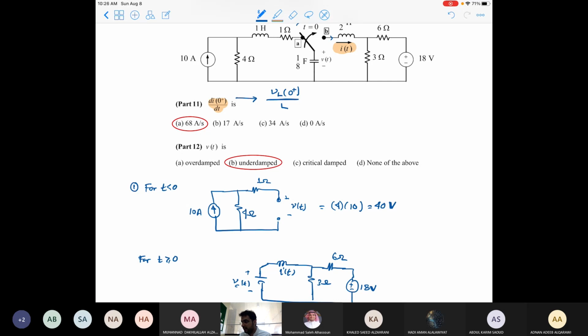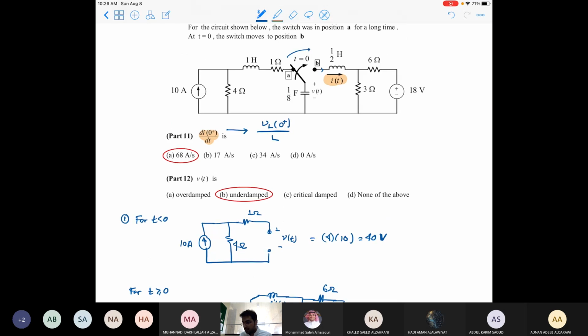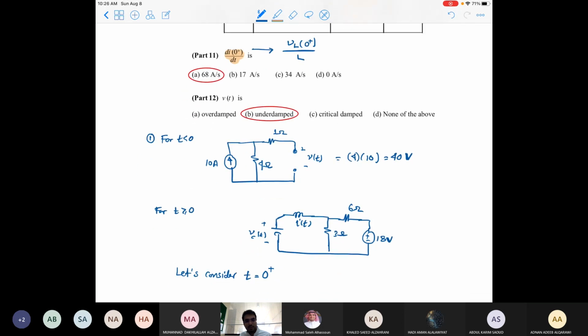We know the inductance is half. The voltage across the inductor is the one that we're trying to find.